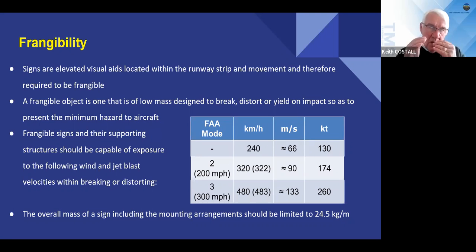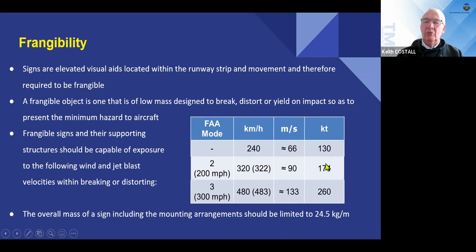There are some minor differences, but we base that on speeds, in terms of kilometers an hour, meters per second, or knots.